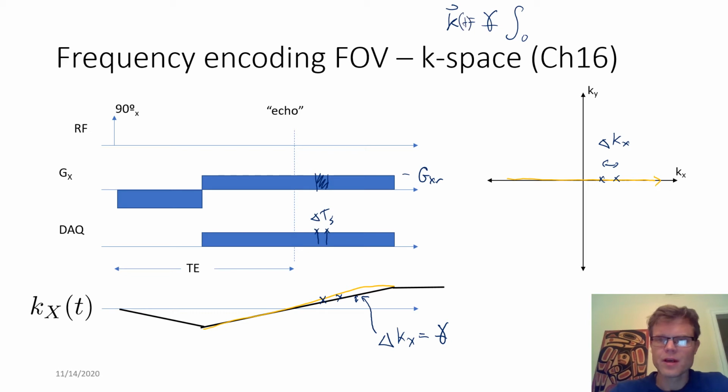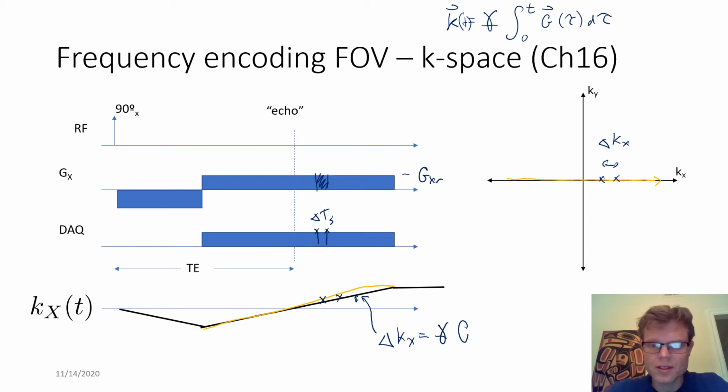k-space over time is the cumulative integral of the gradient. So it's just going to be that gradient area. In this case, it's a nice rectangular gradient, which makes it easiest for us. So it's the height of that gradient multiplied by the time interval. And nicely, we're going to see that this matches up with our previous result.